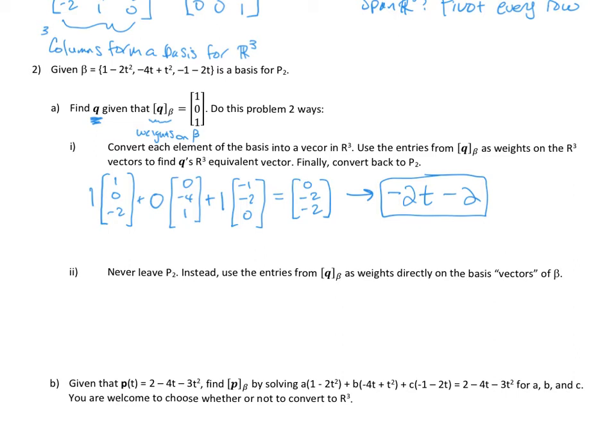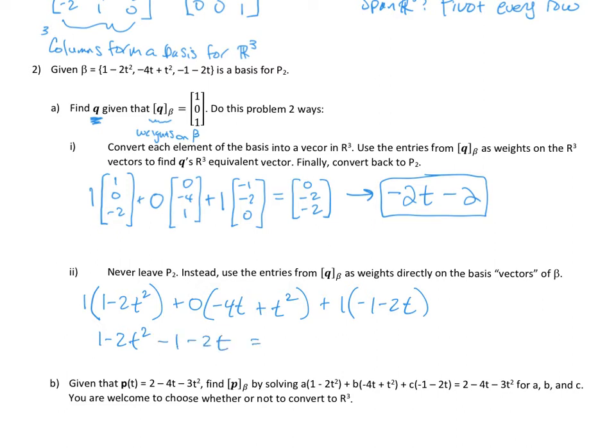So I would do 1 times 1 minus 2t squared plus 0 times negative 4t plus t squared plus 1 times negative 1 minus 2t. And then we just distribute and combine like terms. So I'm going to have 1 minus 2t squared minus 1 minus 2t, which is negative 2t minus 2t squared. Same thing we got above, except we never had to go into R3.